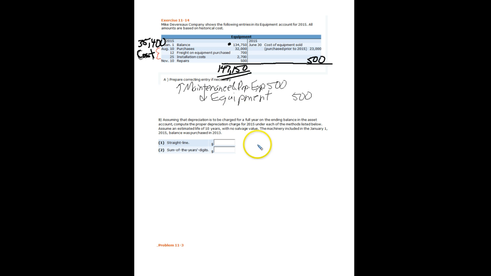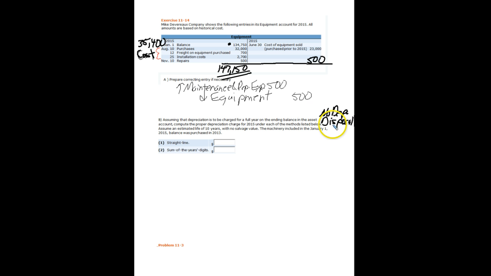Okay, so we need to record depreciation expense here in Part B. Now they actually have a policy. Depreciation is to be charged for a full year on the ending balance in the asset account. So that tells me there's no depreciation if we dispose of it. Now that doesn't meet generally accepted accounting principles, does it?